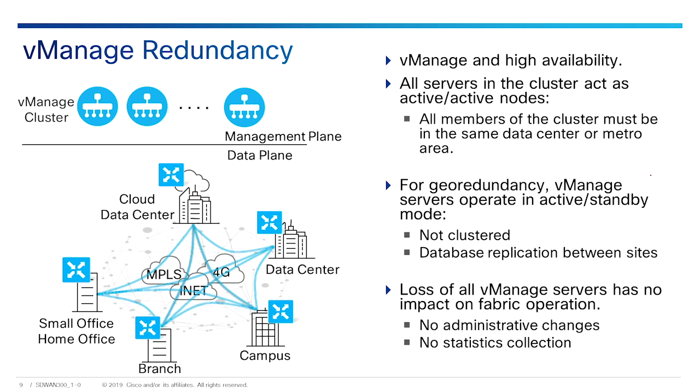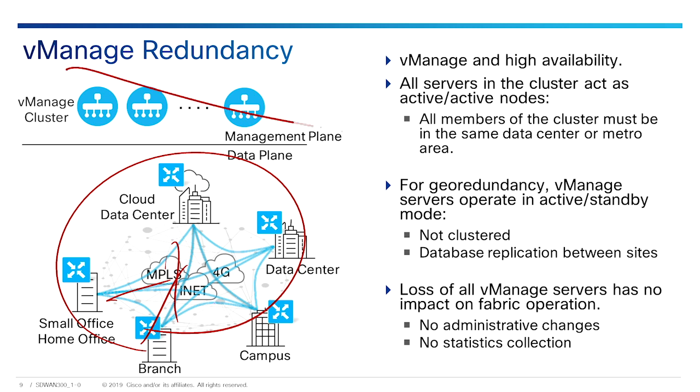All right? And then traffic will flow as before. But remember, the vEdges have the configuration on them of how to connect to each other. All right? As long as vEdge and vSmart are up and running, you can take vManage out of the equation and the network will operate as it should. Now, we do lose quite a bit. We can't make any administrative changes. We don't collect statistics. You don't have the ability to drill into flows.